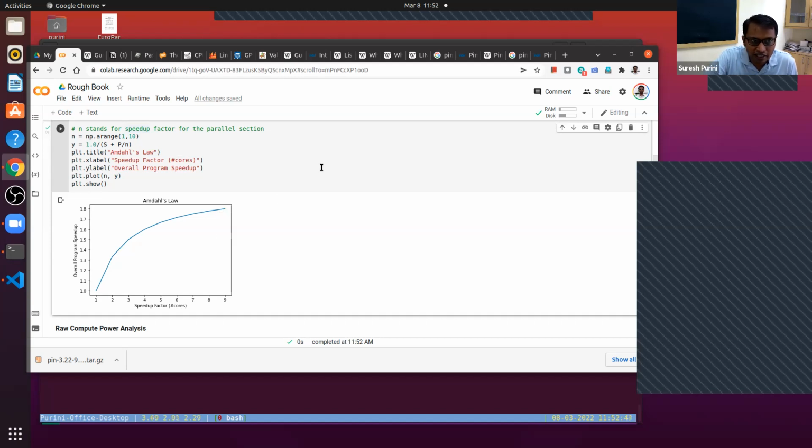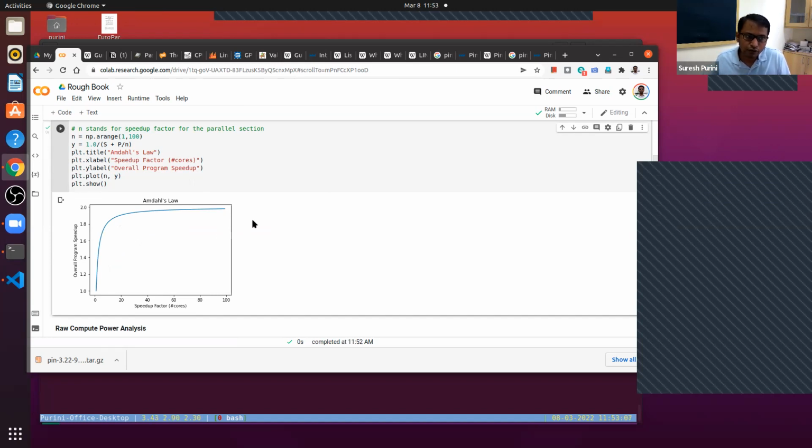That we have already seen, right? That's the example that we have seen before. And if I make it 100 cores, even if you increase the cores, it doesn't matter. You can see it is approaching 2. This is called Amdahl's law.